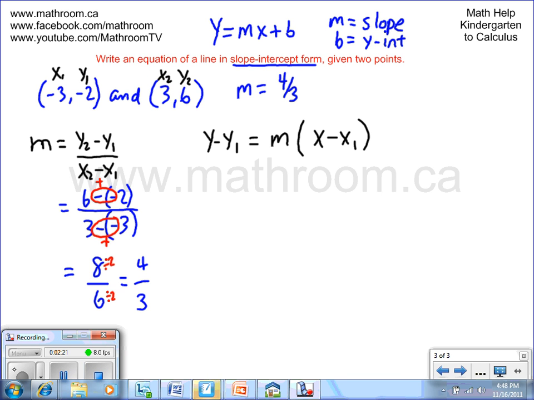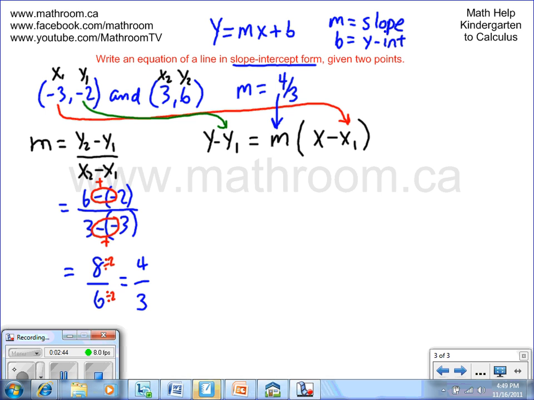So we're going to put x1 into here. We're going to put y1 in here. And we are going to put m, 4/3, in here. And then we're going to solve it for y, and that'll be our equation of the line.